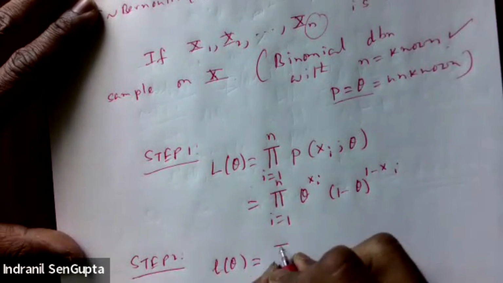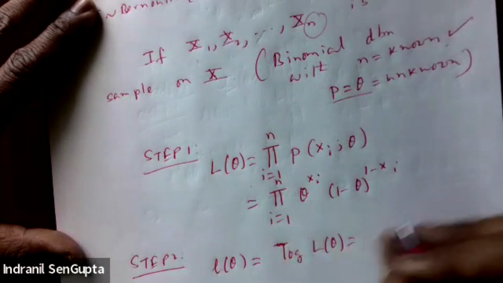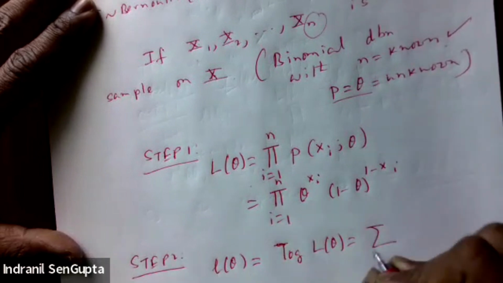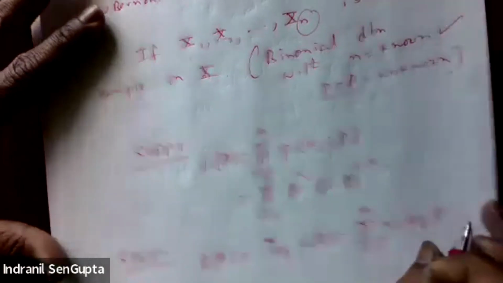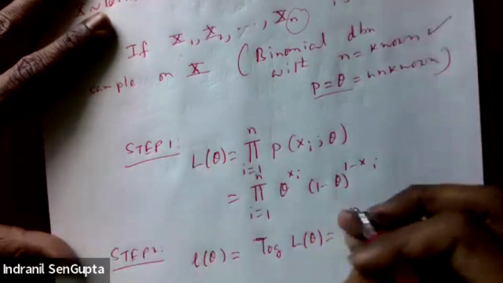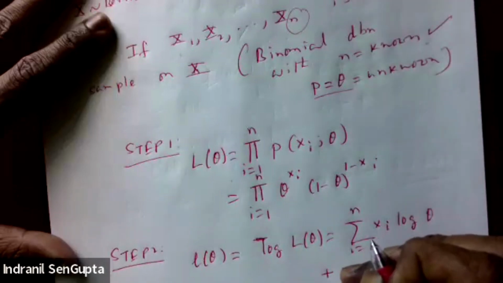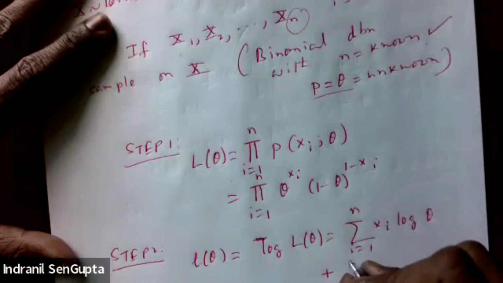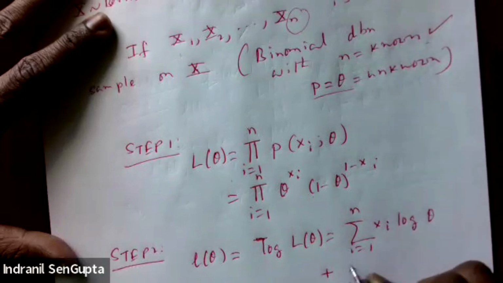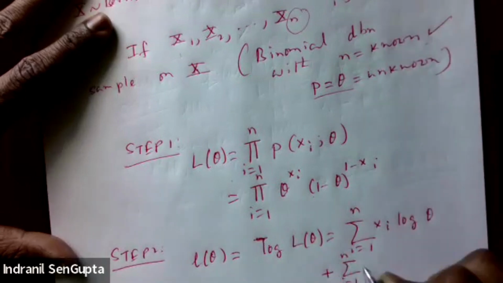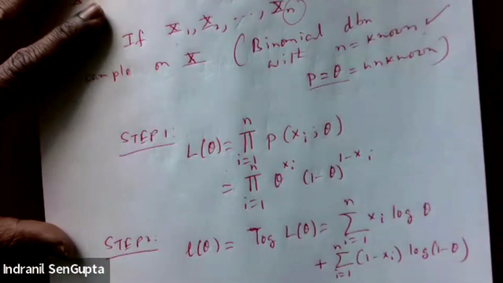So it's log of L theta, where the first term would be the summation, i from 1 to n, of xi log theta, plus, when I take the logarithm of the second factor and then the summation, the summation i from 1 to n of 1 minus xi times log of 1 minus theta, right?